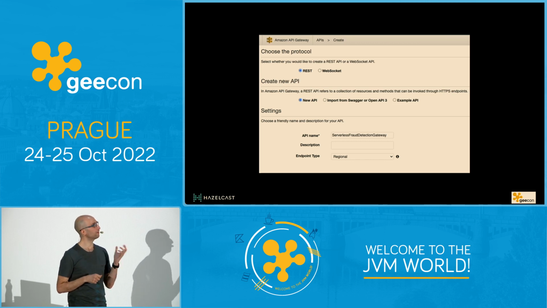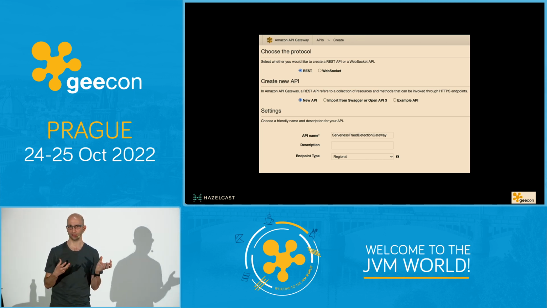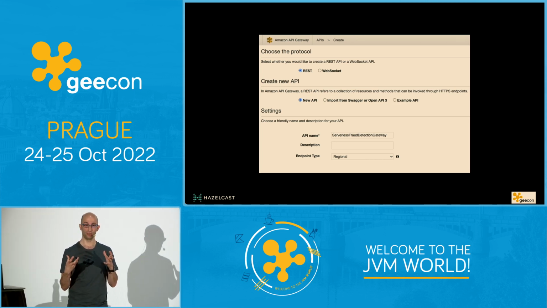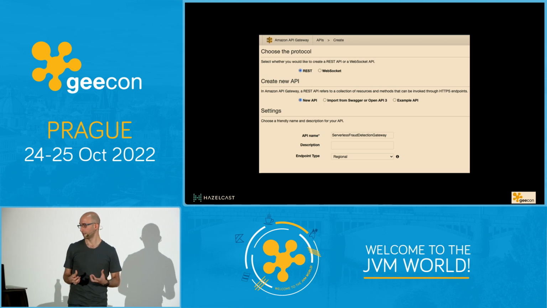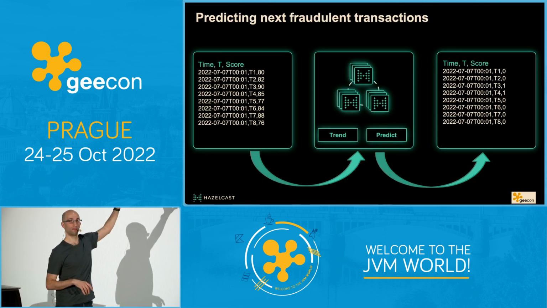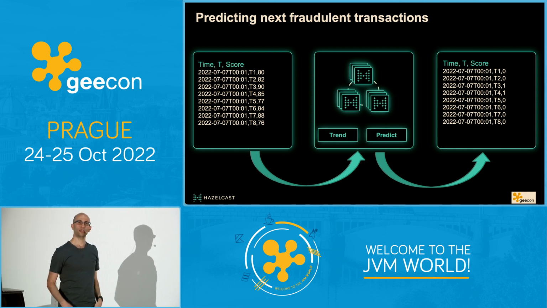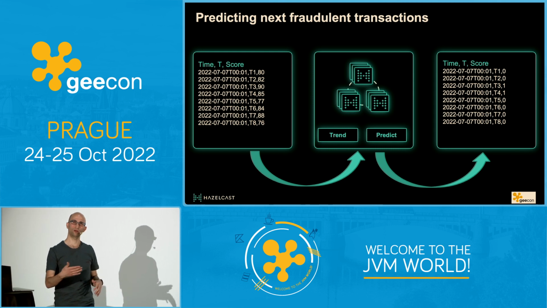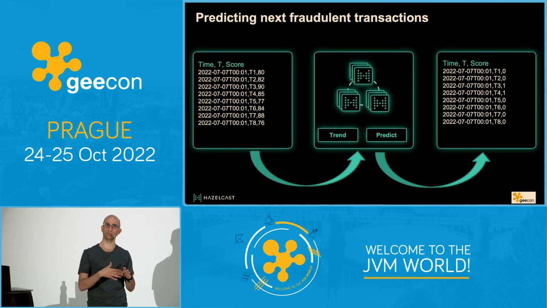This is the first part, but the second part of this demo is what is interesting in terms of doing the actual work. Here you can see that on one side we have transactions. Think about your bank transactions. In simple terms, you have a date, a transaction, a user, obviously you in this case, and you have a score.